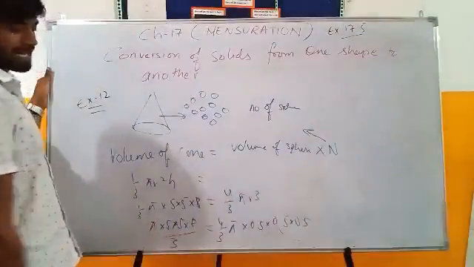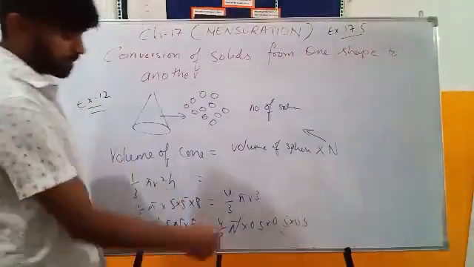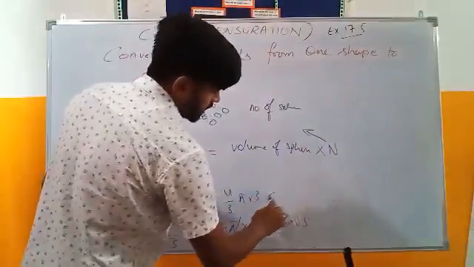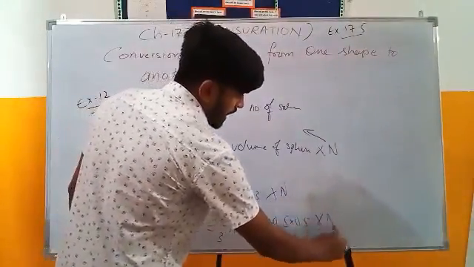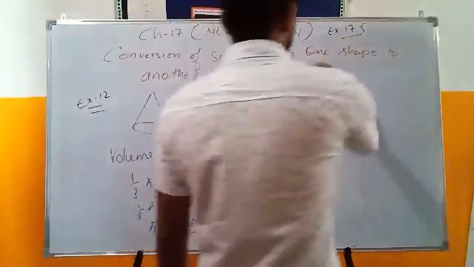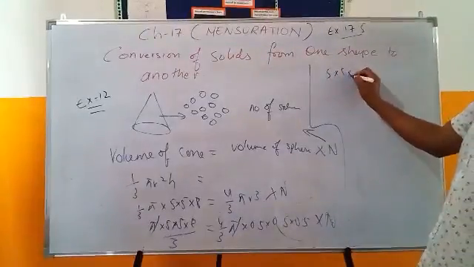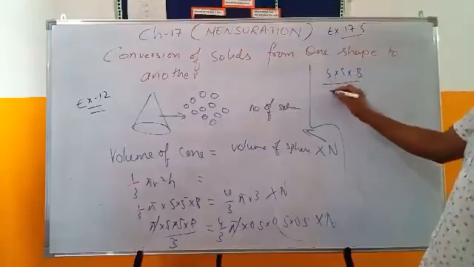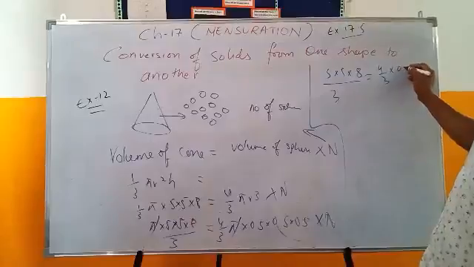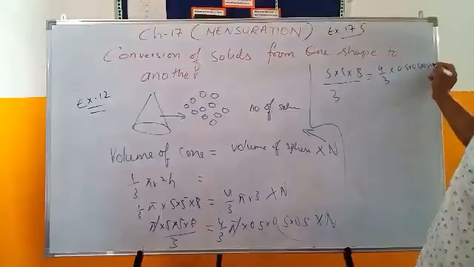I'm just writing it down as it is given to me. Pi and pi can be cancelled out. But I have something left over here, into n, so I have to find the number of spheres. So what I'll do, I'll shift everything to one side: 5 into 5 into 8 upon 3 equals 4 upon 3 into 0.5 into 0.5 into 0.5 into n.